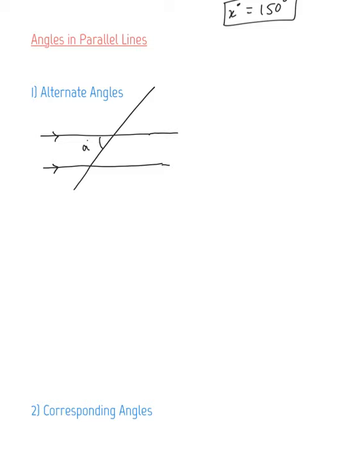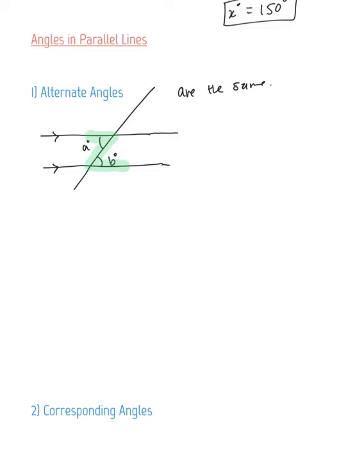I'm going to call this A degrees over here and this B degrees. Alternate angles are always the same. What an alternate angle is: when we form a Z like this, the inside sections are the same. So these are called alternate angles.